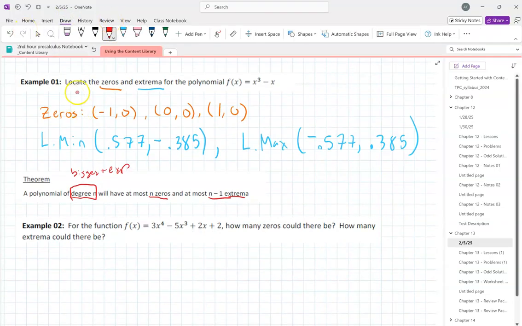Okay, for the function f of x equals 3x to the fourth minus 5x cubed plus 2x plus 2, how many zeros could there be? How many extrema could there be? I'm going to start by calculating the degree. What is the degree for this polynomial?